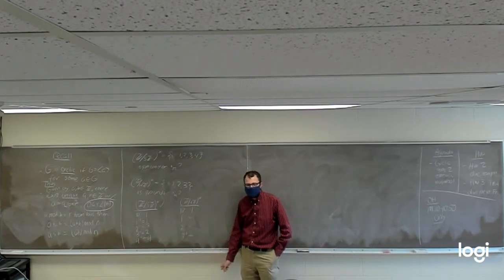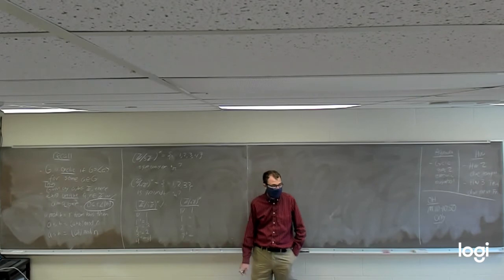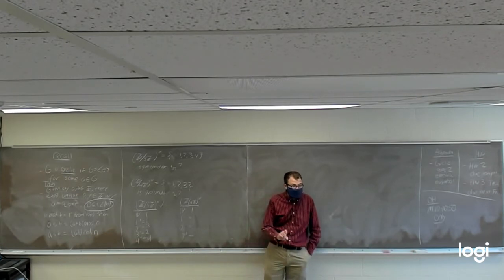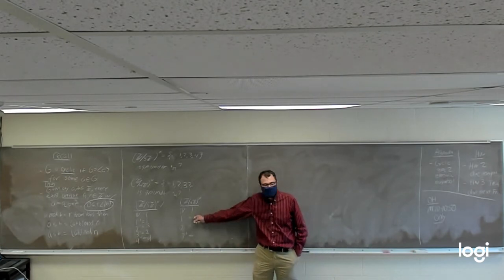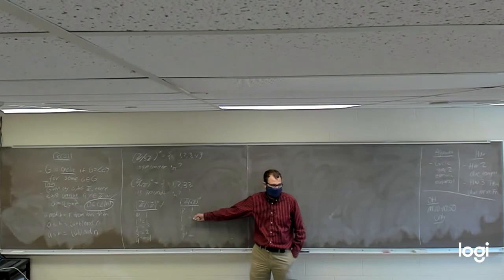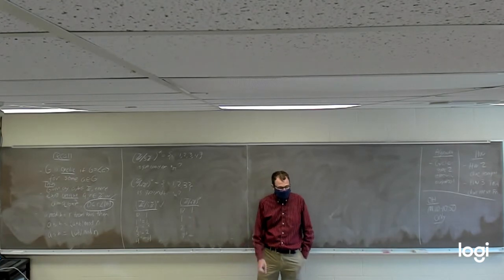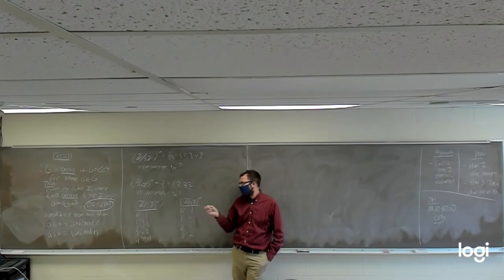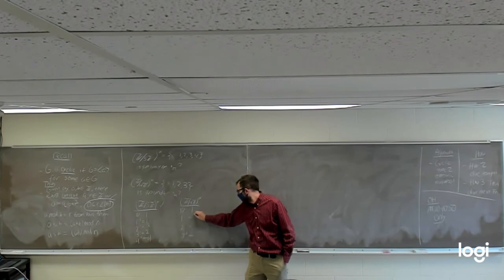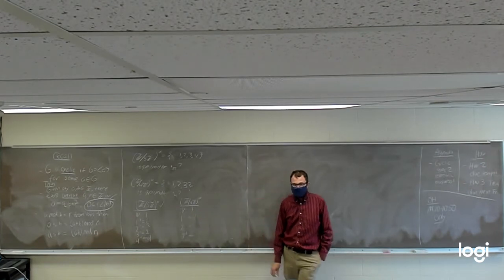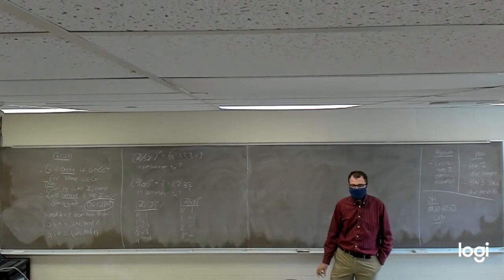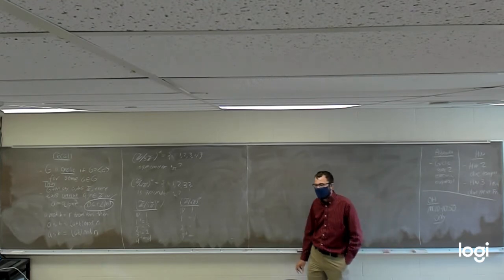How about in Z mod 4Z star? Becca, what can we multiply 1 by mod 4 that will give us 1? Is it just 1? Indeed, mod 4, mod 5, mod anything, 1 times 1 is always 1.